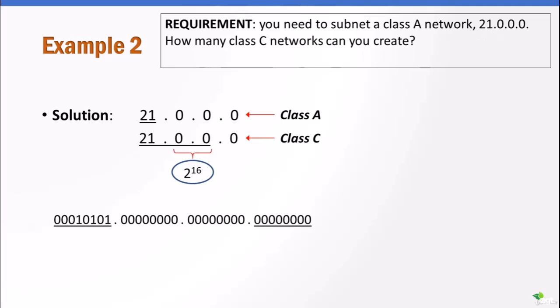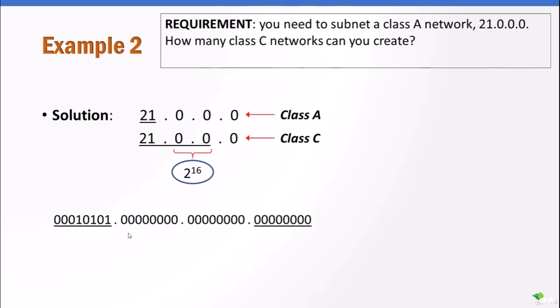So that's our class A network, and the network portion we can't change. For example, if we're a company or an internet service provider or anything like that, and we buy this network, so we are assigned 21.0.0.0, we can change the host portion, the original host portion, but we can't change the original network portion.